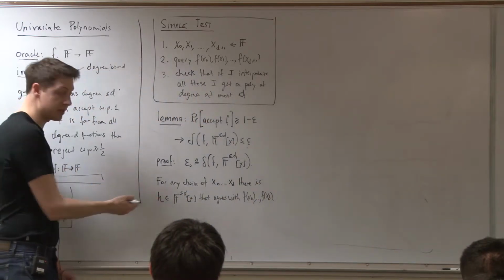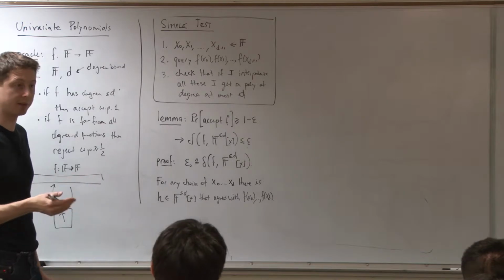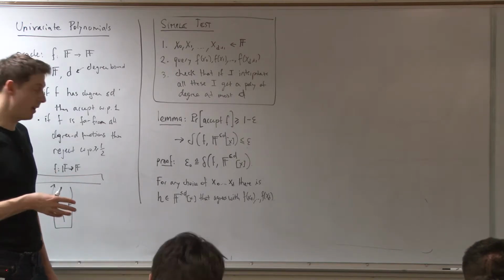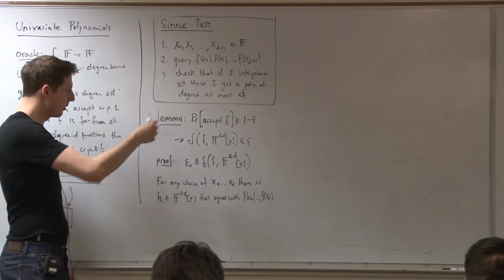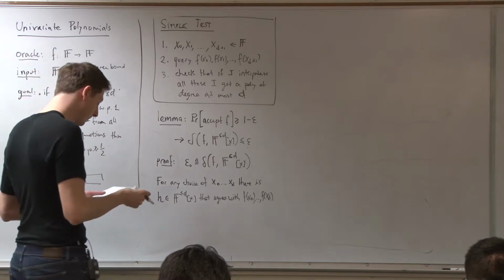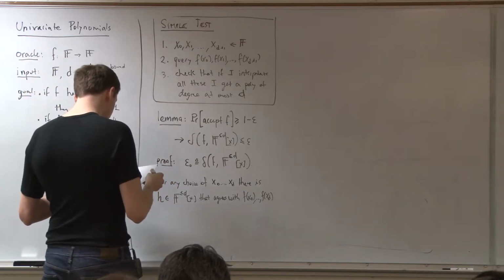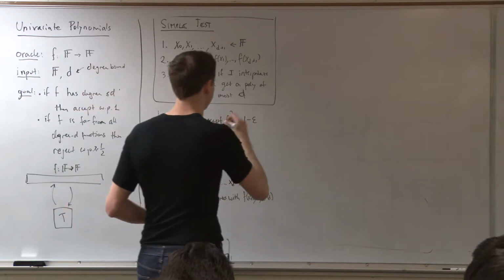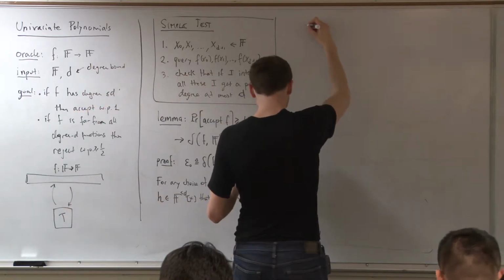I'm saying let h be that polynomial. So you can think of h as a random variable, right? You have sampled x0 through xd, and together with the values of f at these points, they determine the random variable h. Now, with this definition, it's pretty easy to conclude the proof.